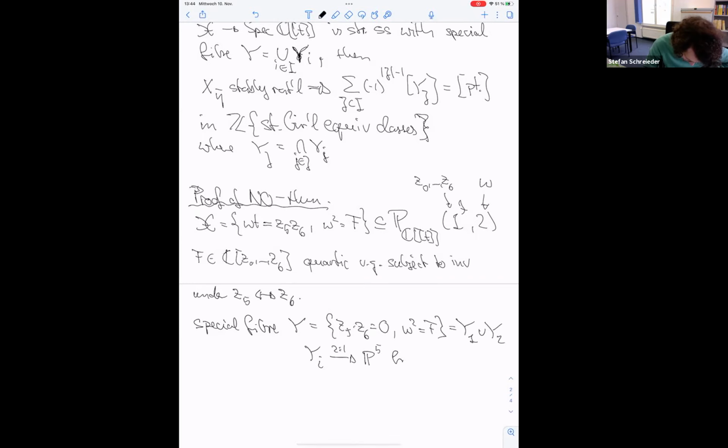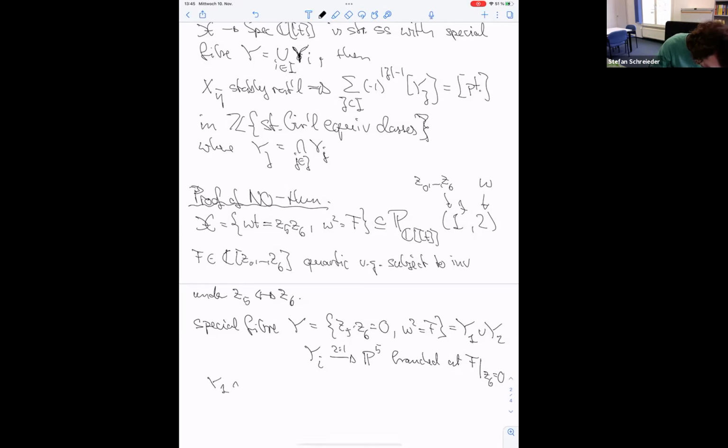branched at the quartic F, where Z5 or Z6 is 0, but the symmetry in Z5 and Z6 tells me that it's always branched at the same thing. So Y1 and Y2 are isomorphic to each other.